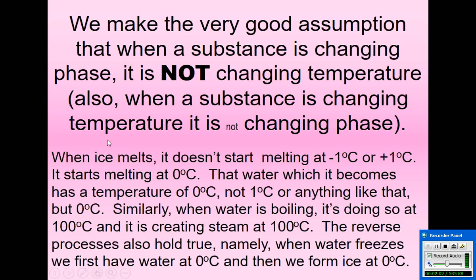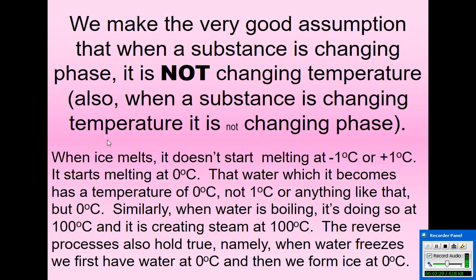If we need to determine the heat involved in causing a change in phase, we can make an assumption that is really an extremely good approximation for the measured values that we get in experiments. This assumption is that when a substance is changing phase, it is not changing temperature.